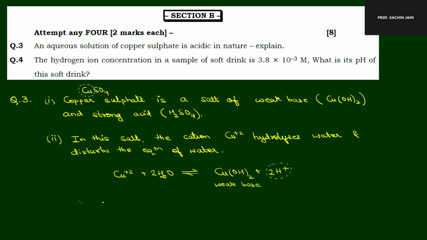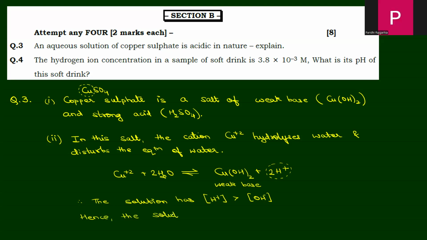That means that now the solution has more of H plus than OH minus. Solution has H plus concentration more than OH minus, and therefore the solution is acidic. So that's how you have to represent your answer in HSC with the detailing being done.